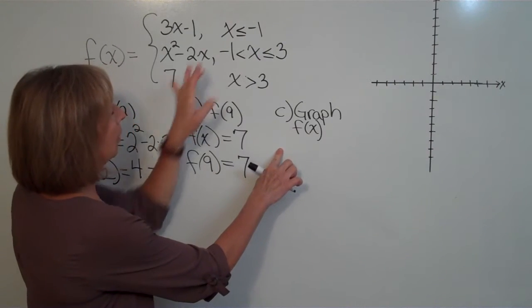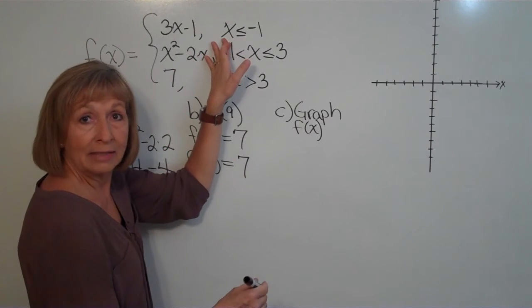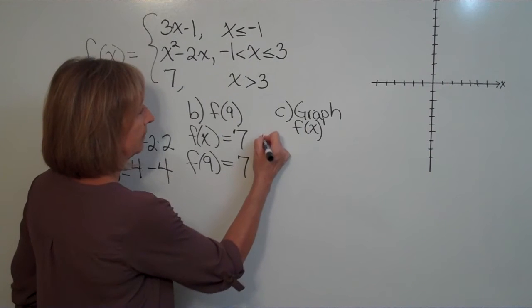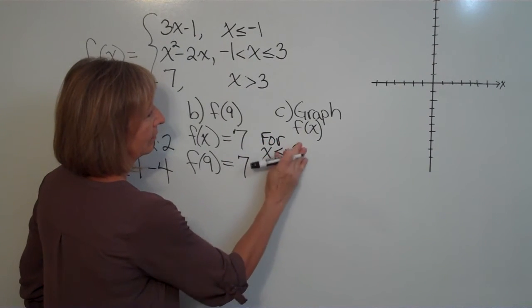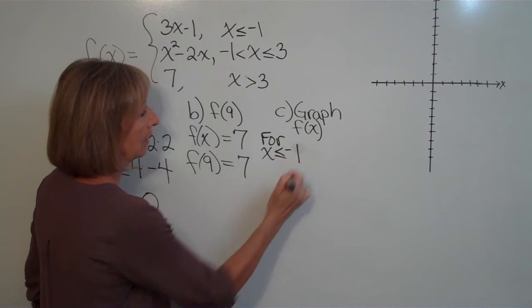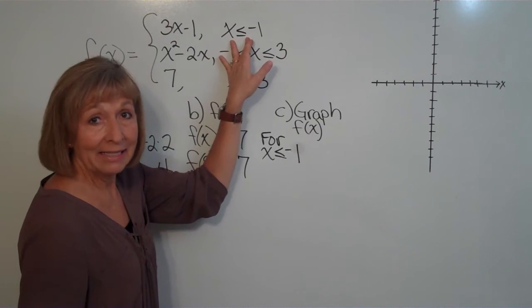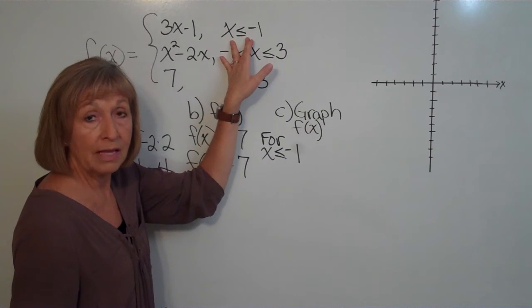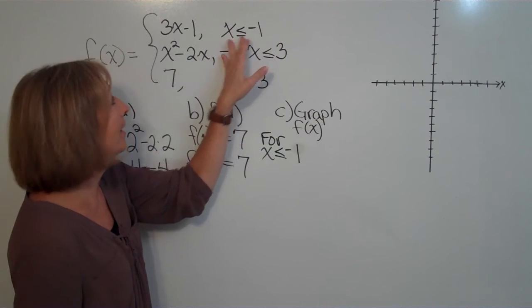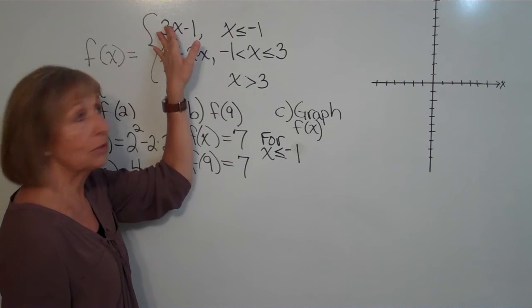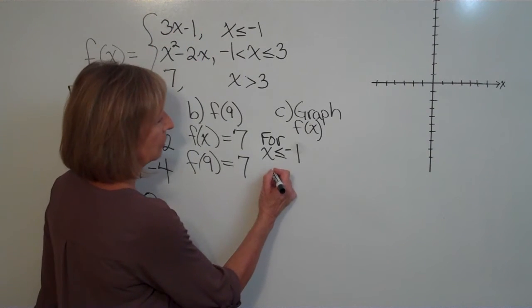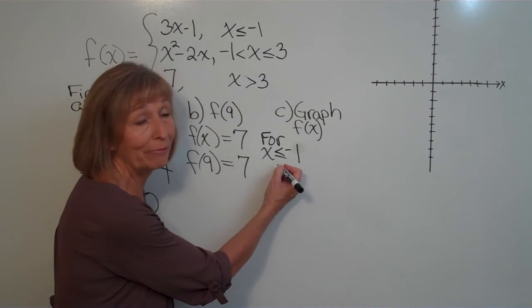So first of all, for the x's that are less than or equal to -1, if I'm plugging in x values, input values that are less than or equal to -1, then my rule is that f of x is equal to 3x minus 1. So f of x is just another name for y.